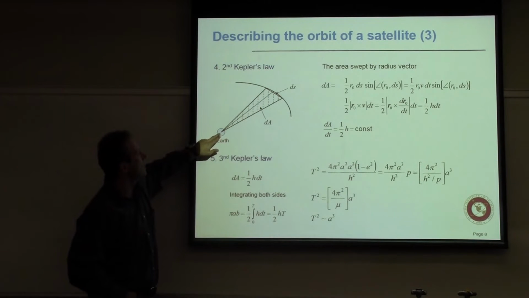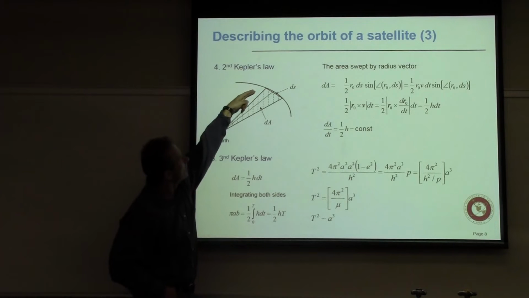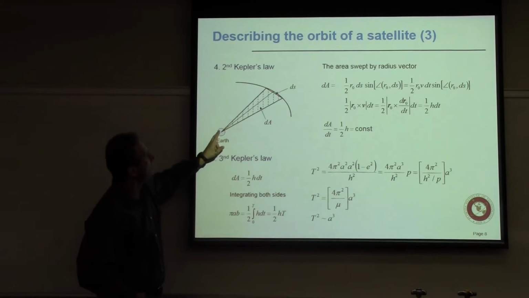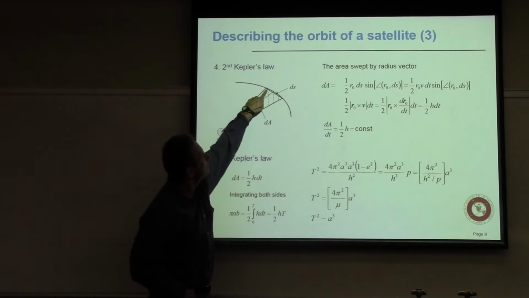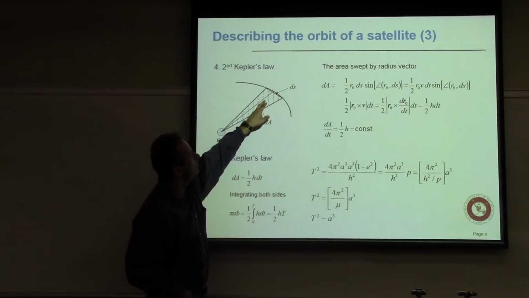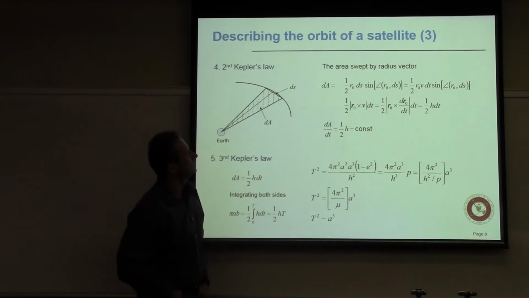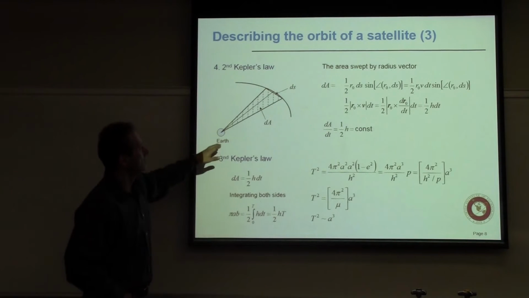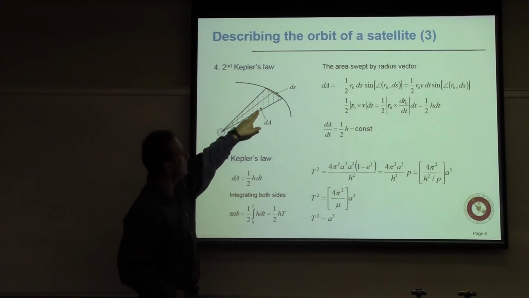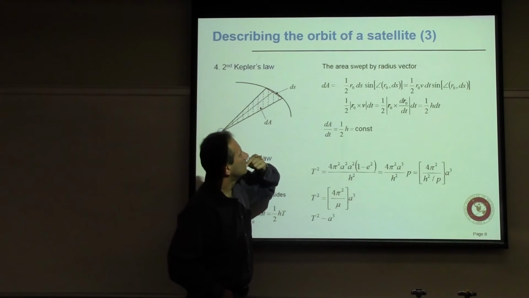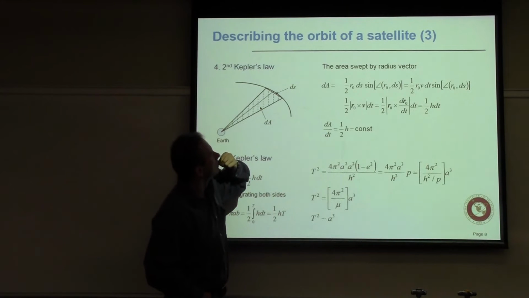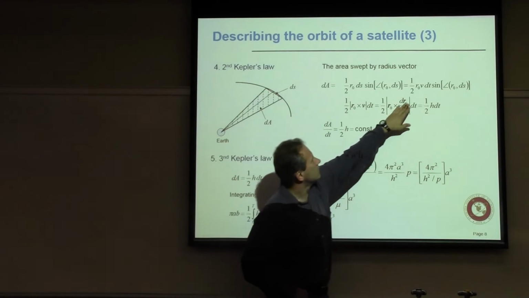I can express this area as, if you think of this as a little triangle, 1/2 of this R0 times this ds times the sine of the angle between these two, right? Or the easiest way to see this is the magnitude of the cross product between R0 and R0 ds. Oh, okay, v dt is the ds, right?